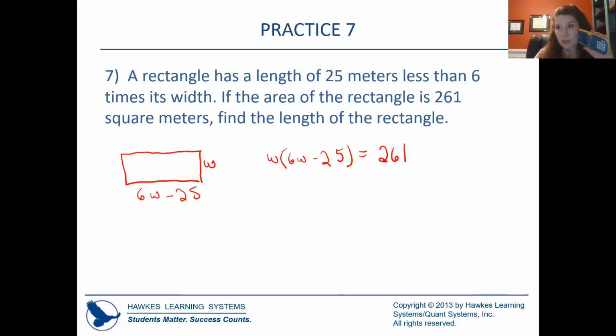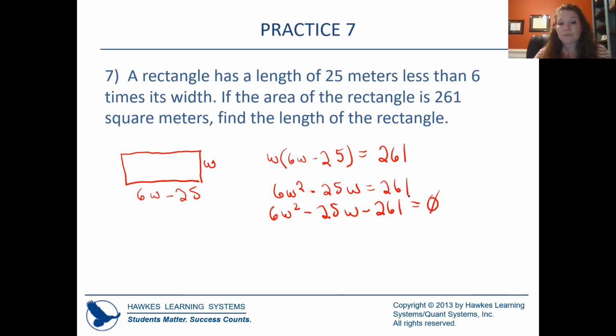So now we're going to use our distributive property. So 6W times W is 6W squared minus 25W equals 261. And then we want to get 261 on the left side of the equal sign. So 6W squared minus 25W minus 261 is equal to 0.